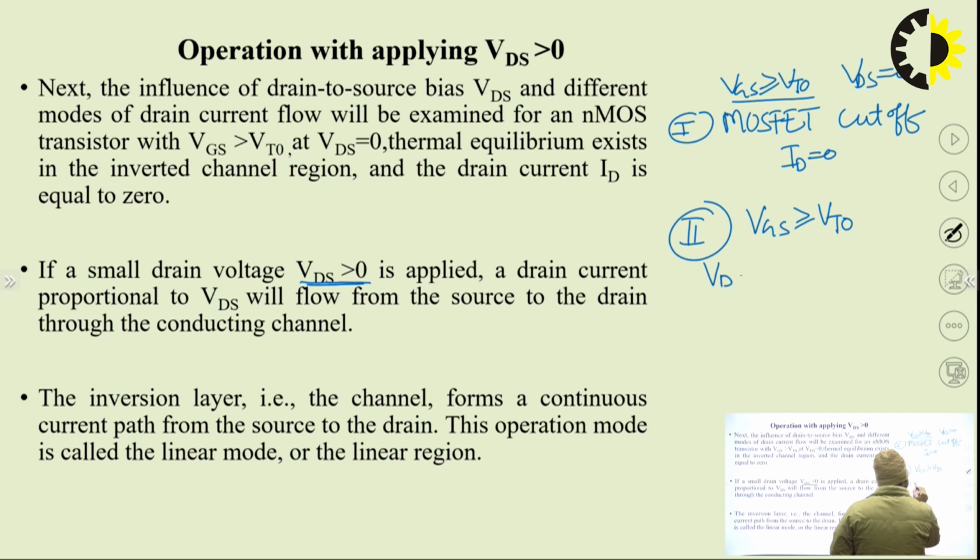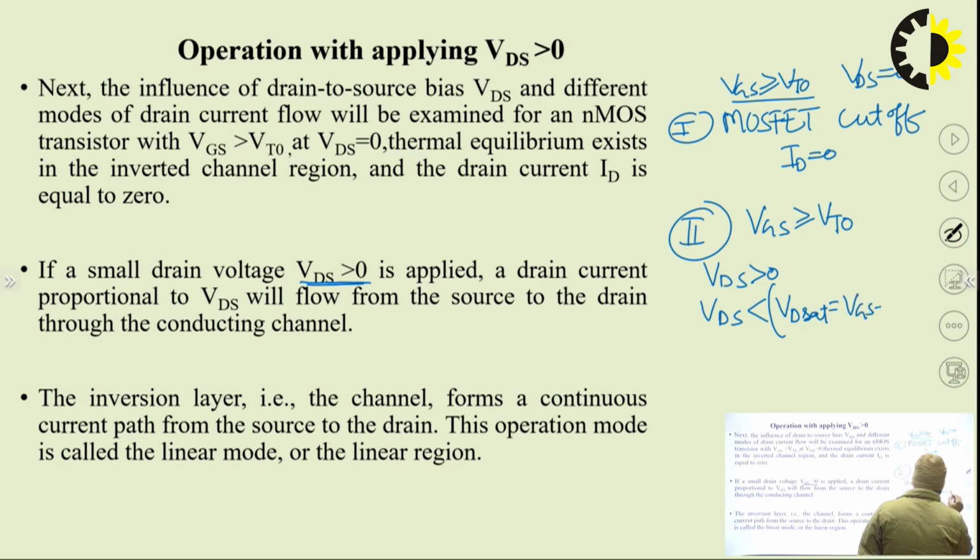and VDS greater than 0. It is applied greater than 0, and the second condition is VDS is less than VD saturation. What is the value of VD saturation? The value of VD saturation is VGS minus VT.